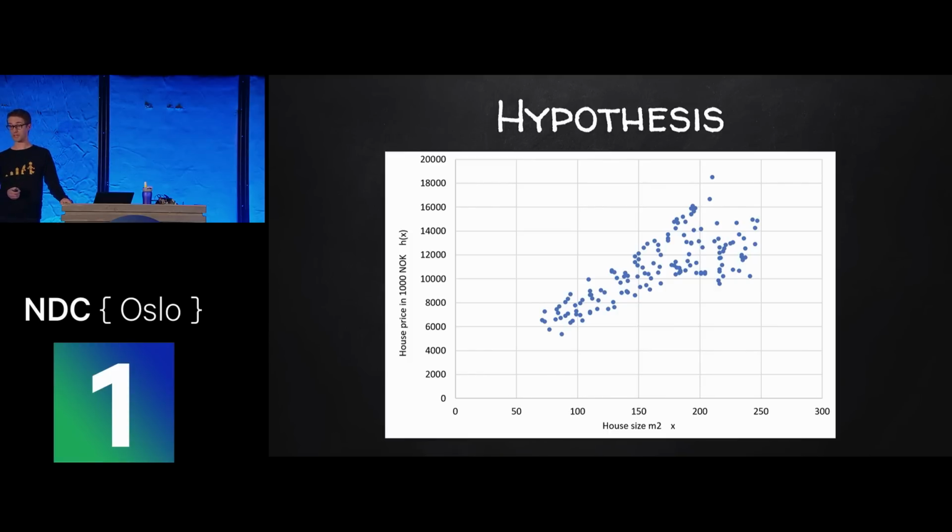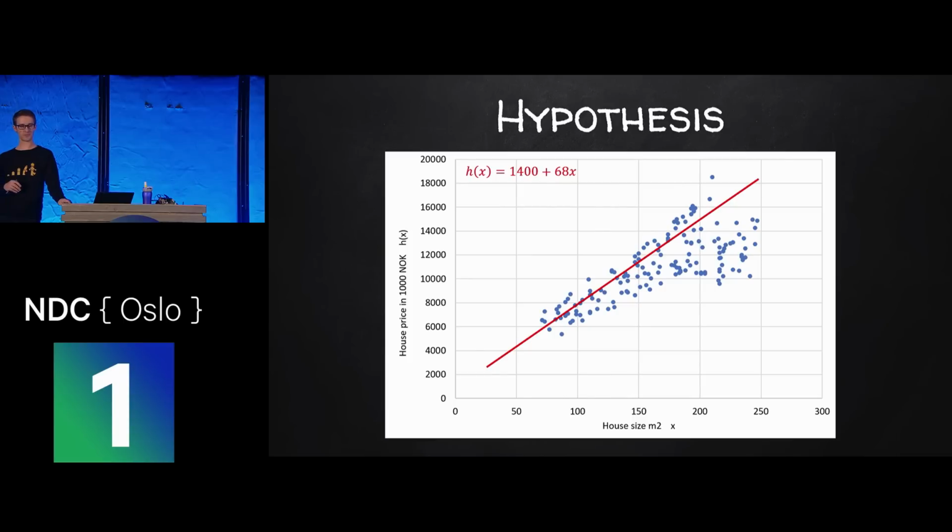The next thing we need to come up with is this function that the definition talked about. A function that can map all of our sample data in a good way. And this is called a hypothesis. And let's just try and come up with a function. It looks like there's a somewhat linear trend in this data.